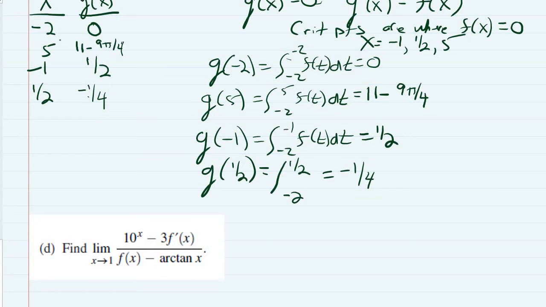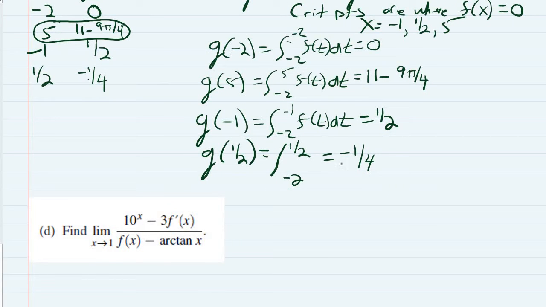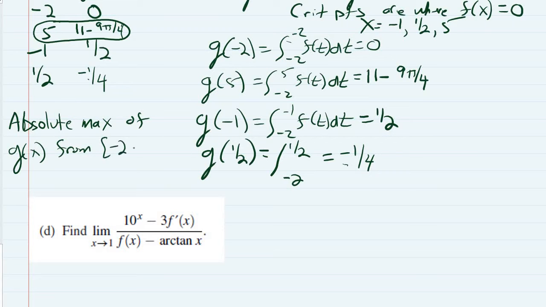So that really is my answer. So I'm going to write that as an answer over here and say that the absolute max of g of x on the interval from -2 to 5 is 11 minus 9 pi over 4.